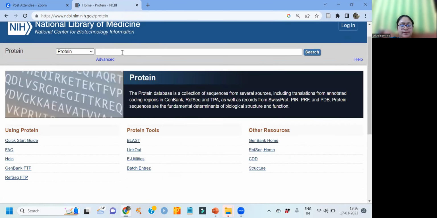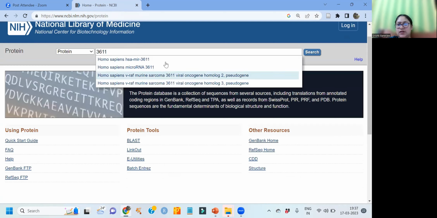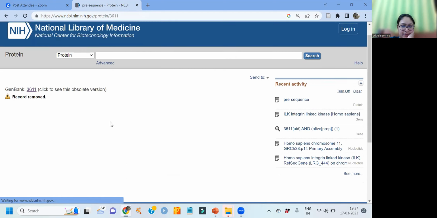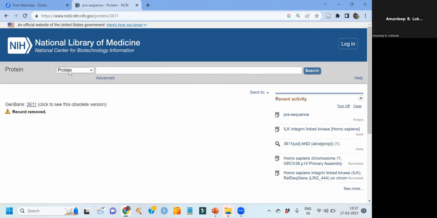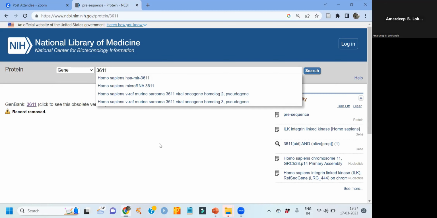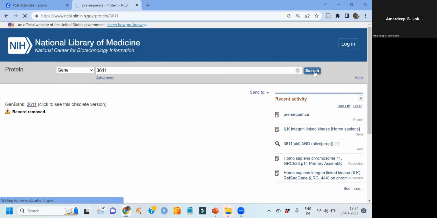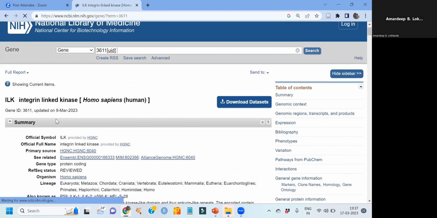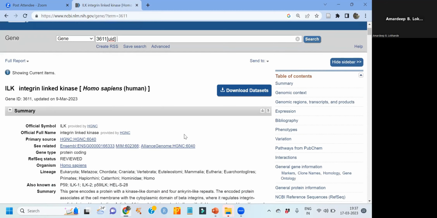Let's check once again. So for this method, you should go to gene and then select 3611 or whatever the accession ID is given, and then you'll find it. So you see the ID is given.